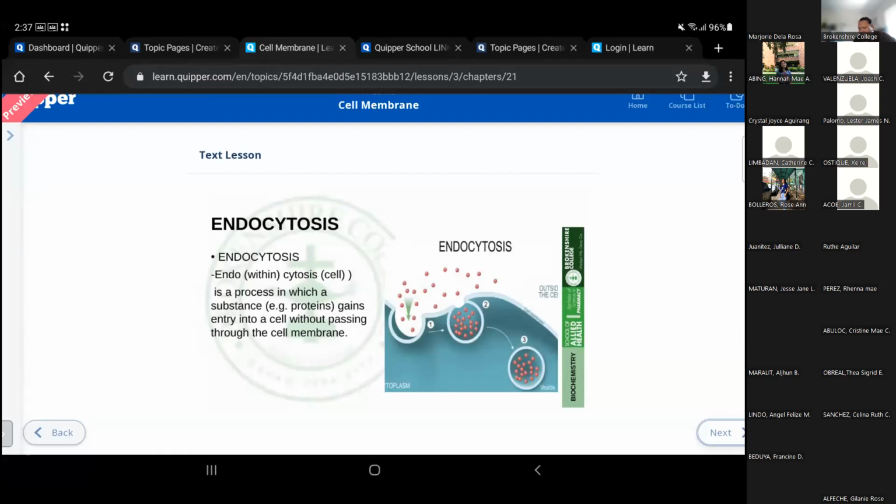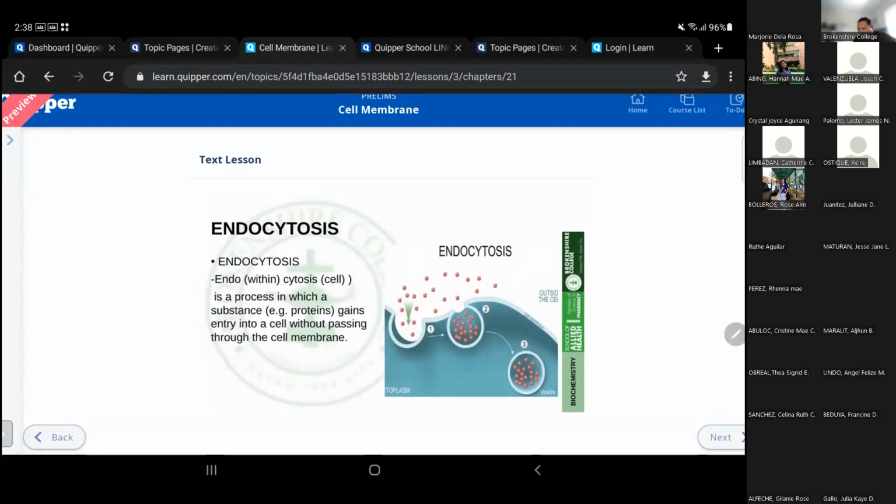So for example, ito naman, endocytosis kasi papasok, to endo. So within the cytosis of the cell. Okay. So parang component ng cell membrane will somehow be the cover, component of the covering, no? I-enclose siya, no? Ito yung tinatawag na invagination, itong U-shape na ito.